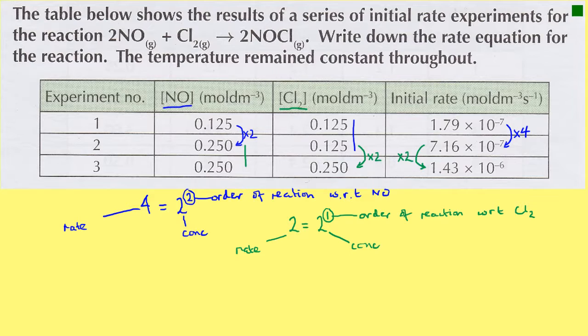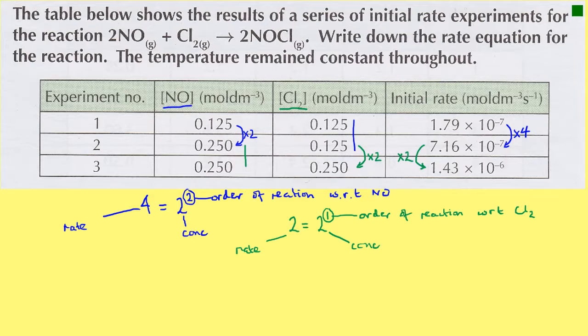So when we do that, we look at what's happened to the initial rate. So when the starting concentration of nitrogen monoxide was 0.125, the initial rate was 1.79 times 10 to the minus 7. And then when we doubled the concentration to 0.25 moles per decimeter cubed, the initial rate went right up to 7.16 times 10 to the minus 7.